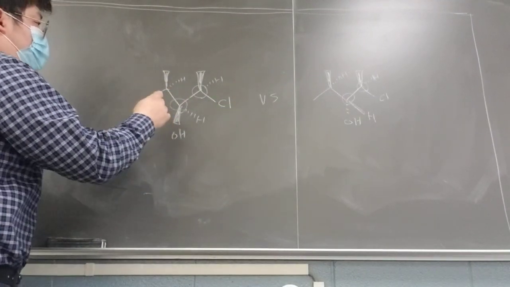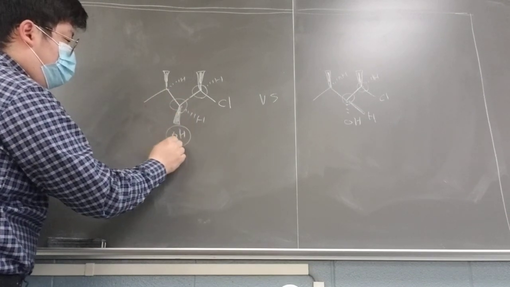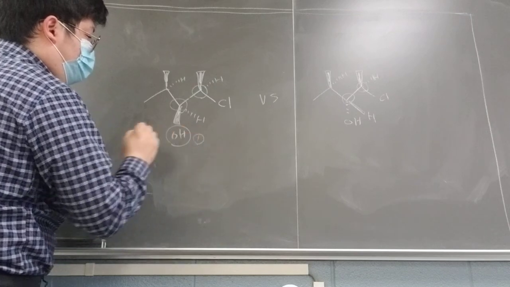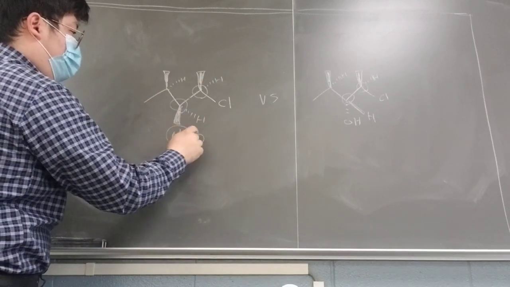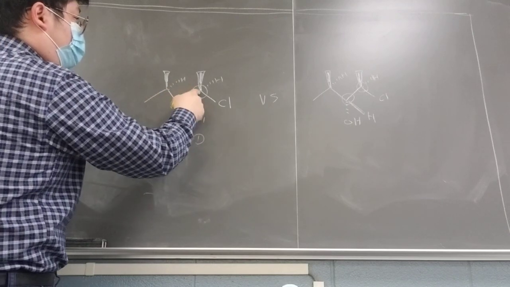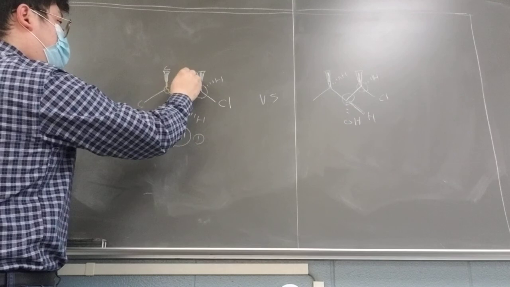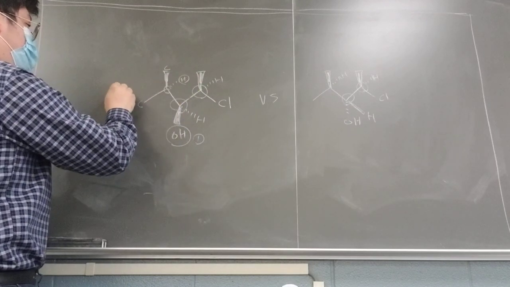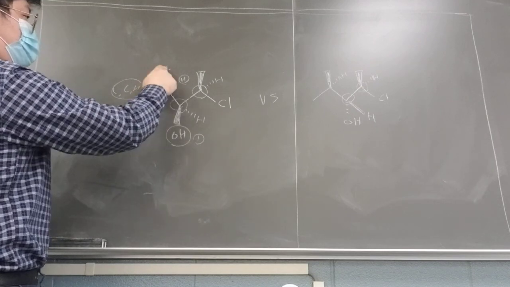So if you look at this one over here, it is O. So this is obviously prior to the carbons here and here, so this is obviously number 1. And this carbon has carbon, carbon, carbon, hydrogen.